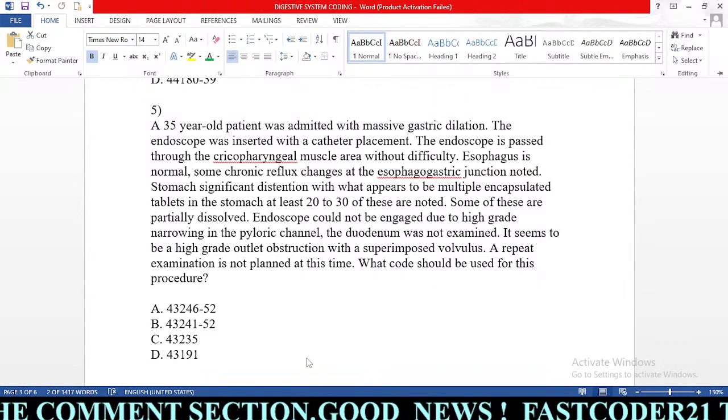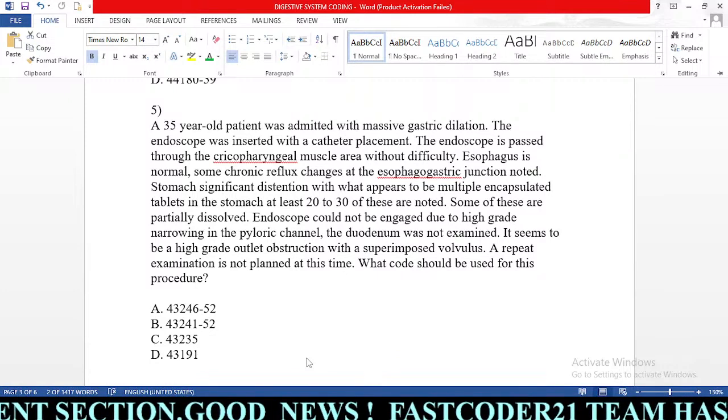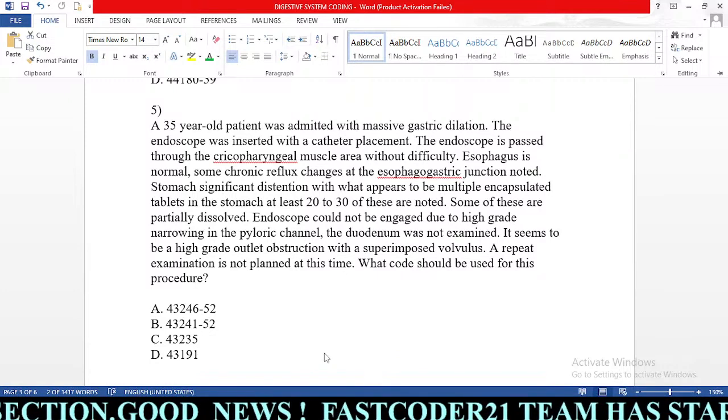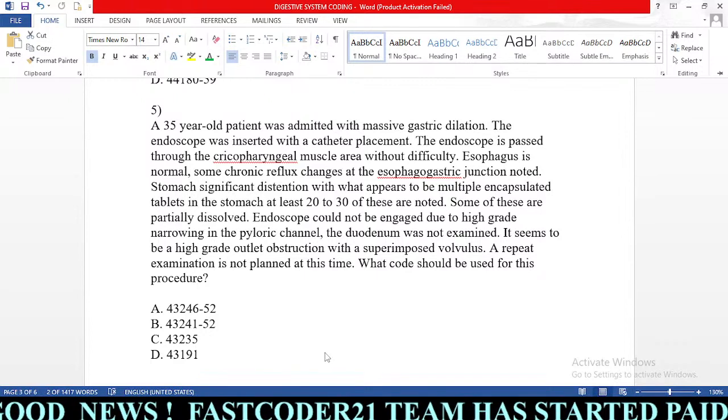So this fifth question is a bit confusing. Anyway, if you know the basics, you can code easily.